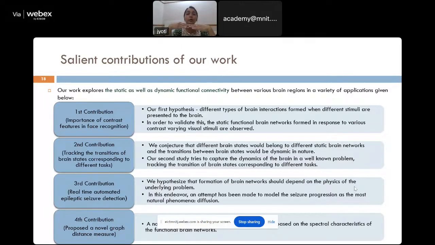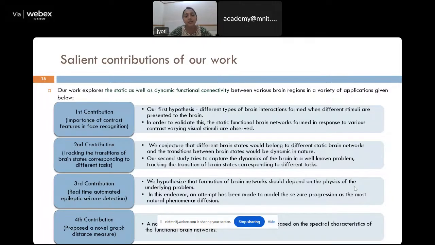In order to understand this, we have shown four different kinds of face stimuli to the subjects, and we have observed the functional interconnections between their brain states. Different stimuli were shown, and we observed the difference in the underlying brain state corresponding to the different stimuli. So it is very useful in face recognition.